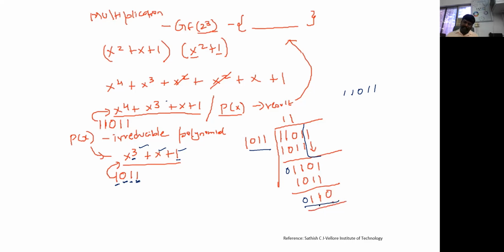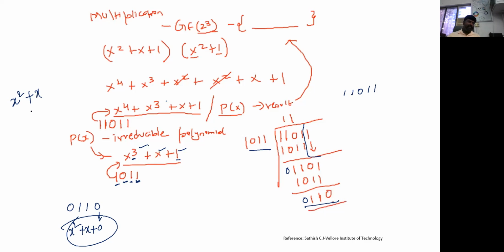Let me convert this result into polynomial terms, which is 0, 1, 1, 0. This is the constant value 0, this is x, and this is x square. What is this value? It is x square plus x, by ignoring the 0 value.